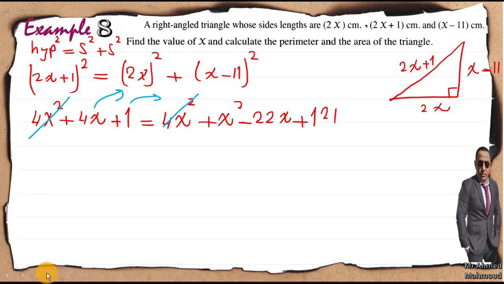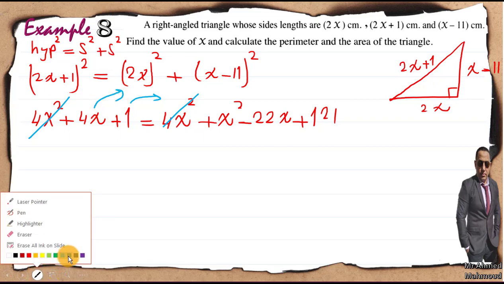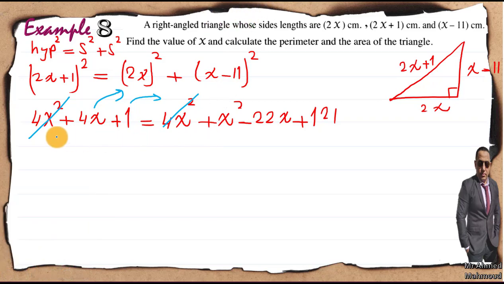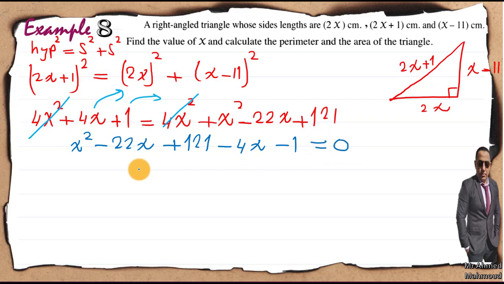So the right side is x power of 2 minus 22x plus 121, minus 4x, minus 1, equals 0.